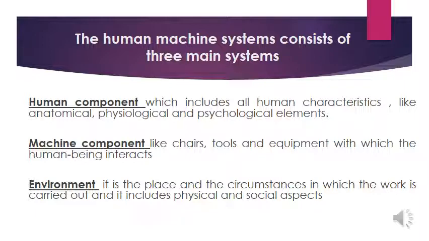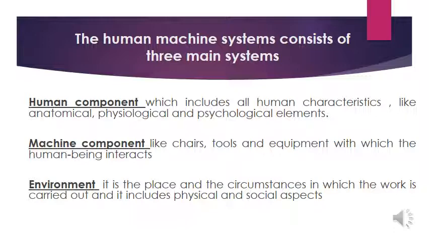In the workplace, the human-machine system consists of three main components. First, the human component, which includes all human characteristics like anatomical, physiological, and psychological elements.